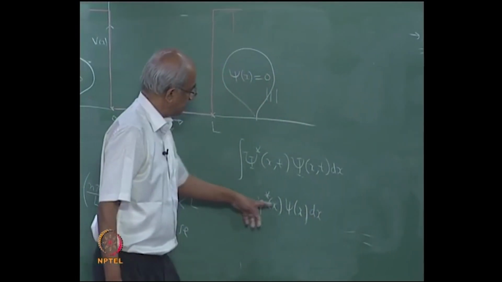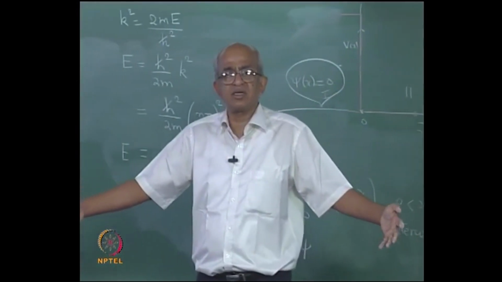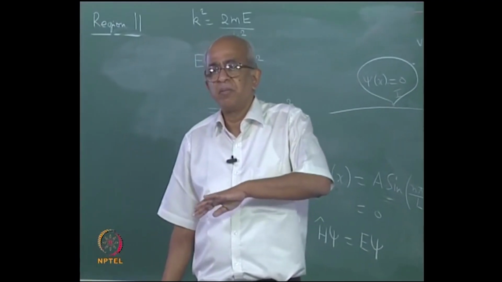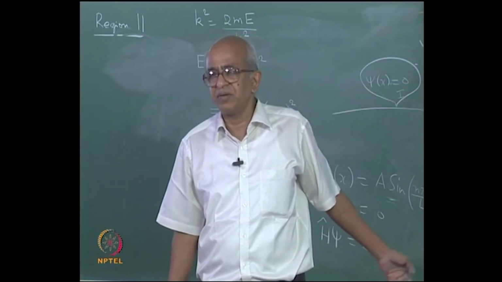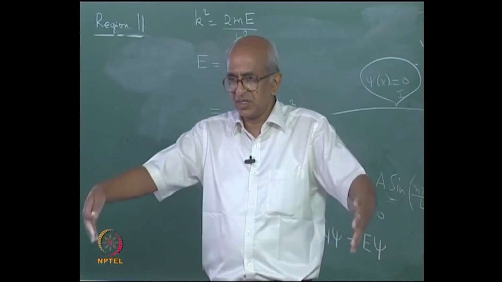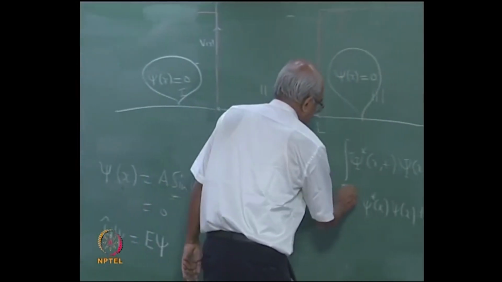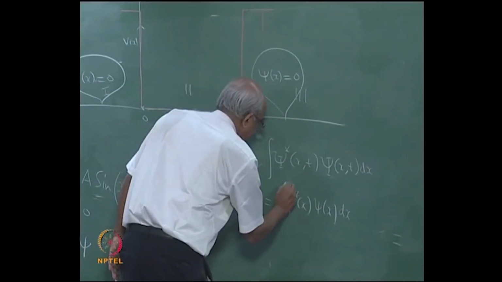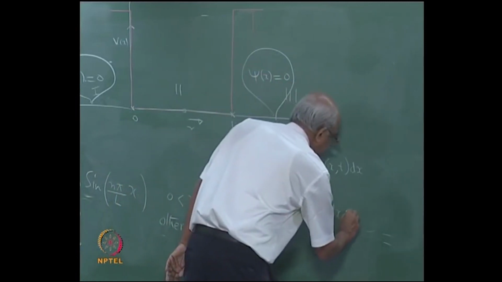And further, these psi's are 0 outside the box. So, it is not necessary for me to integrate from minus infinity to plus infinity, but it is sufficient if I integrate from 0 to L, which is the region of the box. So, this integral is equal to integral 0 to L psi star psi dx, and this must be equal to 1.